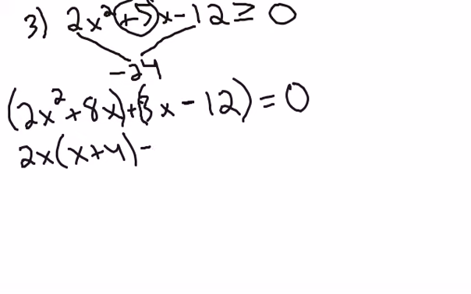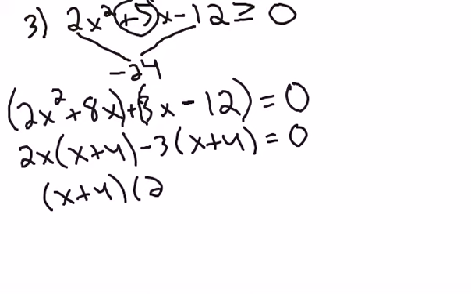So if I take out a negative 3, I'm left with the same factor inside here and here, which is a good sign. It means I'm on the right track. Factor out x plus 4 from both terms, and I get this.